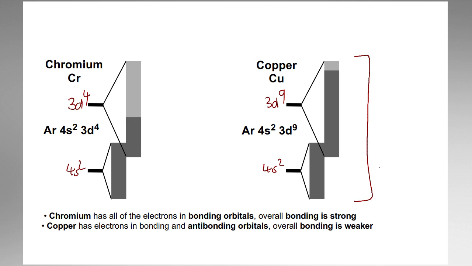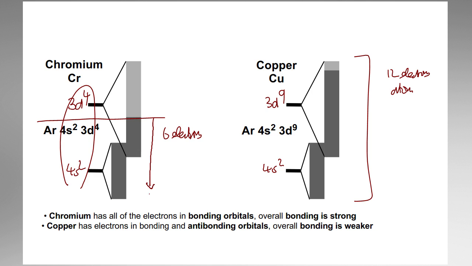Remember, each band can accommodate 12 electrons per atom, and over here we have a total of 6 electrons. And so all of the electrons in chromium are in bonding orbitals. However, in copper, we must have some electrons which are in antibonding orbitals within the band.